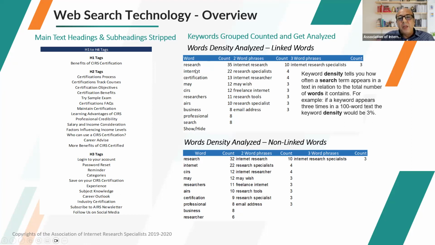So this is counting one words. One word, internet 22 times, certification 13 times. This is the counts for that page for one word. We don't know how deep it goes, how many words it's going to count. But let's think of it as an example.